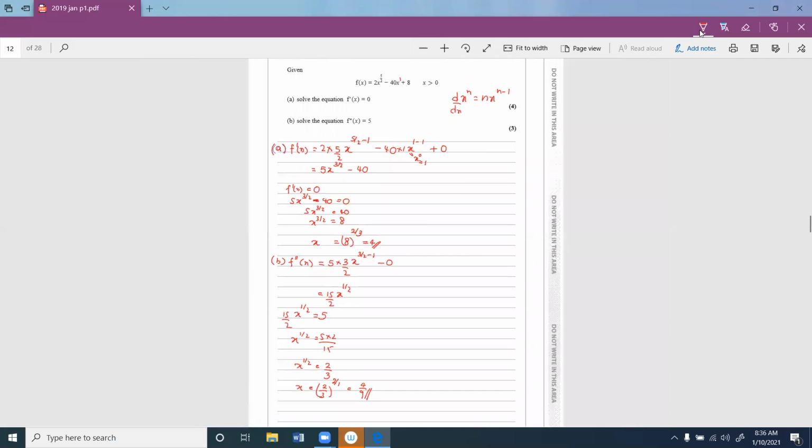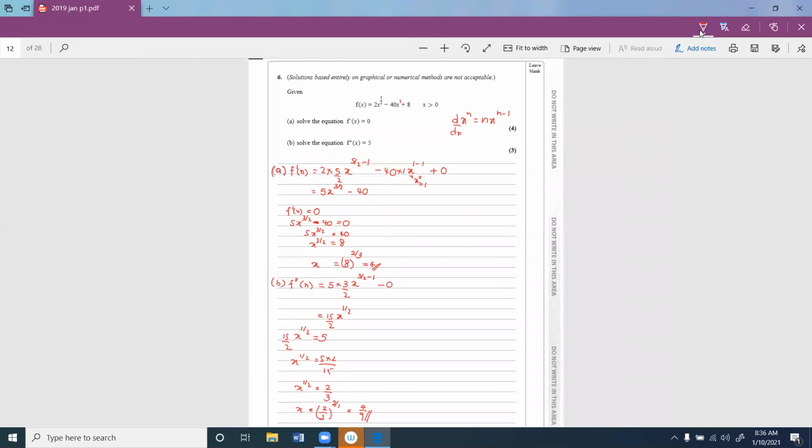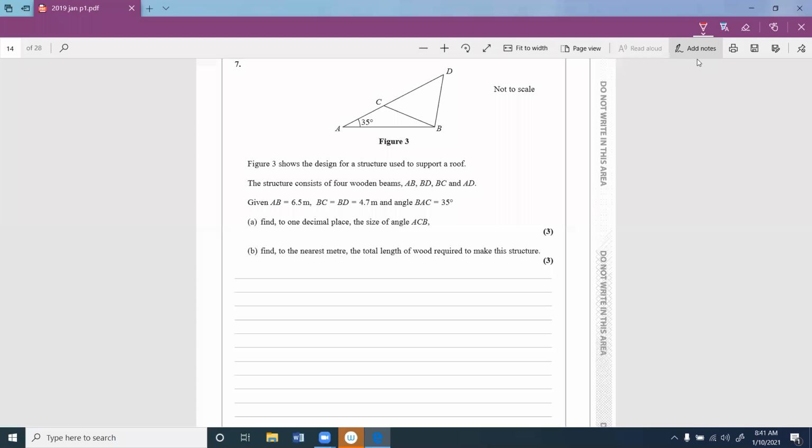Okay, let's do this quickly. When you're referring to this question, the figure 3 shows the diagram of the structure supporting the roof. The structure consists of wooden beams AB, BD, BC, and AD. So all the structures are given.